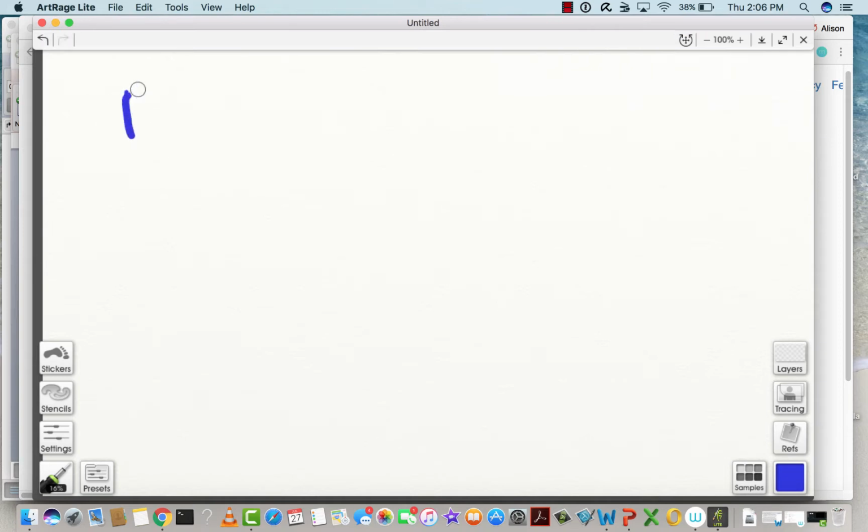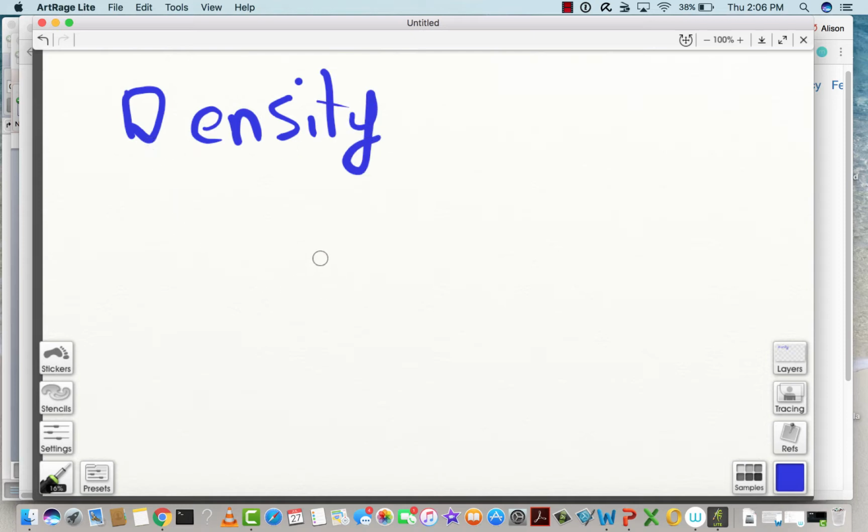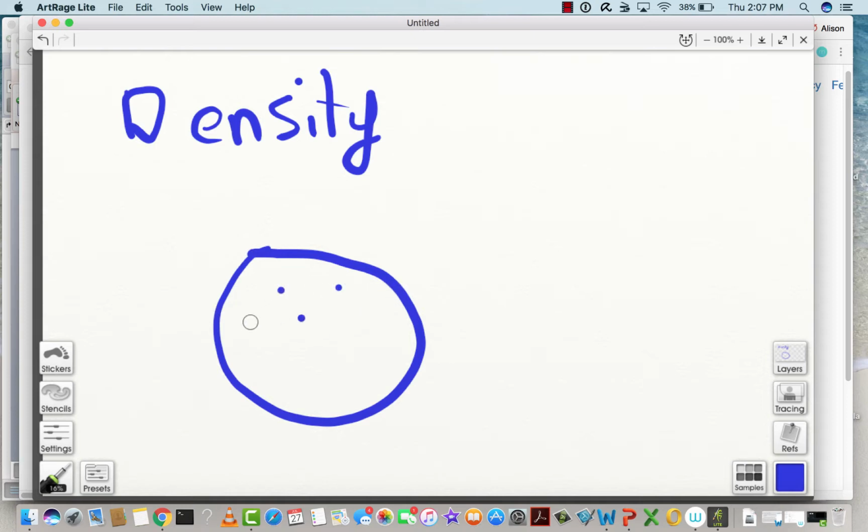Maybe the next thing we should talk about is density. Yeah, that doesn't look like a D, but it is. So density is just, that doesn't look like a circle either, but it is. Density is simply a measure of how much of whatever substance it is is present in our air parcel.